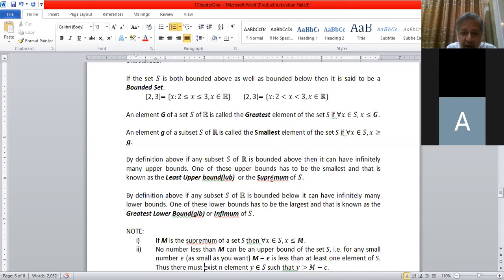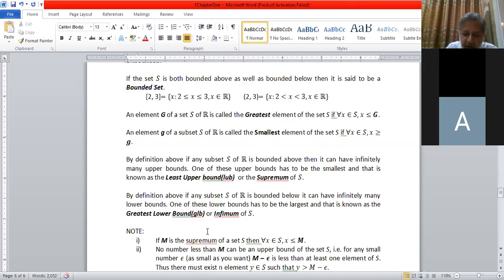We can always tell the supremum of the set, but the greatest element of the set may not always be clearly defined, or you cannot explicitly say what's the greatest element here. But 3 is definitely the smallest of the upper bounds, that is the supremum. Similarly, you cannot say what's the smallest element of this set, but we can clearly say that this is the largest of the lower bounds, and 2 is the infimum.